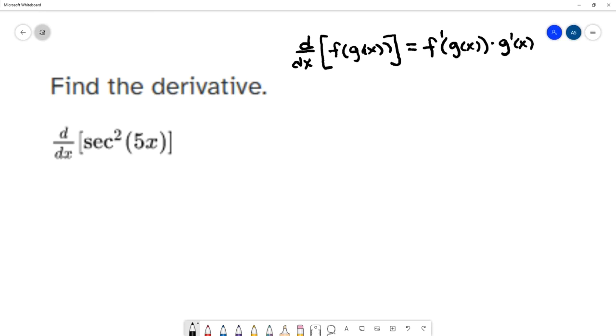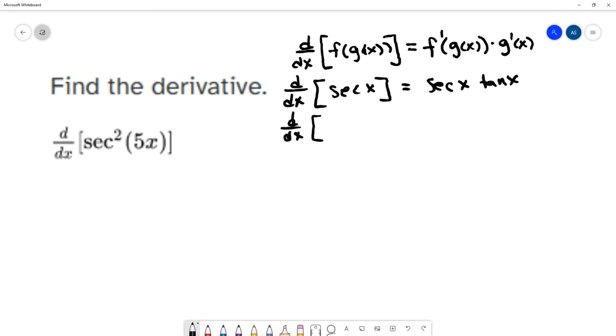We are also going to use the derivative of secant. The derivative of secant x is secant x tangent x. And we've got that squared, so we're probably going to have to use the power rule. The derivative of x to a power is the power times x to that power minus 1.